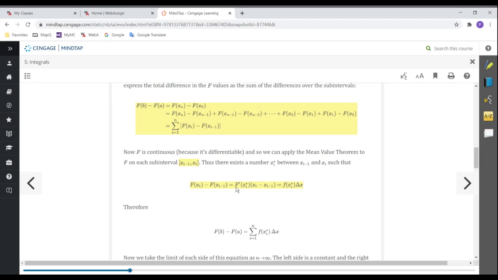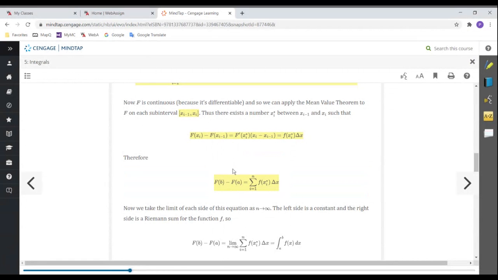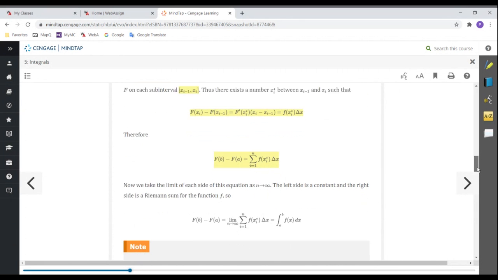Well, the derivative of your antiderivative, the derivative of capital F, is just lowercase f. And so this difference of your antiderivatives at B and A can be expressed as a Riemann sum.